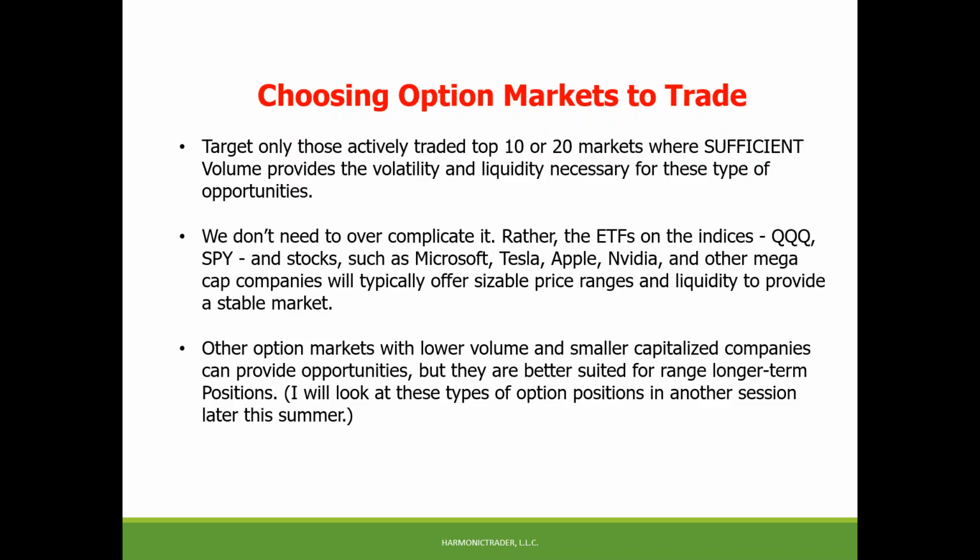I'm talking where open interest is 10,000 or at least 1,000. And these give you the liquidity necessary for this precise short-term strategy. So don't complicate it. Look at what's moving: Tesla, Apple, Nvidia, Meta.